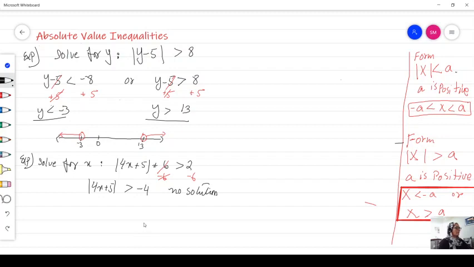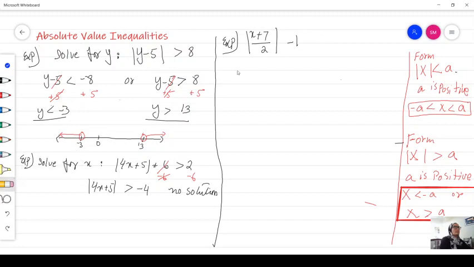Okay, that's done. Let's figure out something harder. And I'm going to make a question here. Draw a line so we can have enough space. Okay, another example I have is the absolute value of x plus 7 over 2, minus 1, greater than or equal to 4.